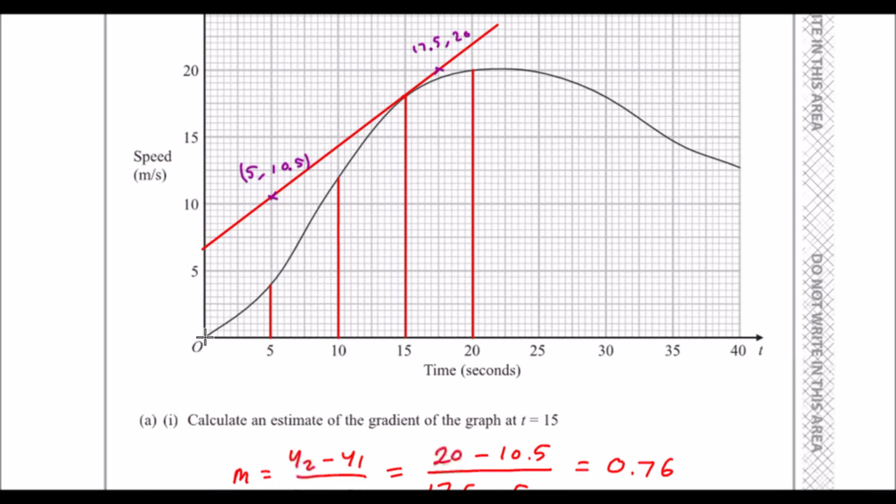And we're going to have a triangle for the first one and then trapeziums for the others. So we're going to work out the area of these four shapes as our estimate for the area under the graph.